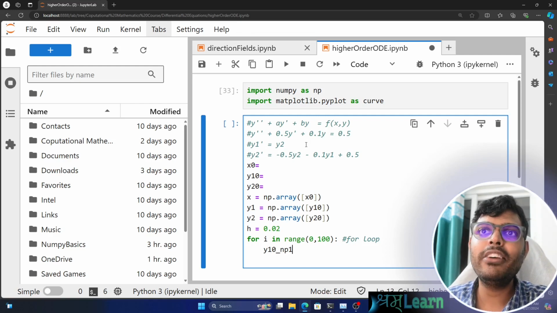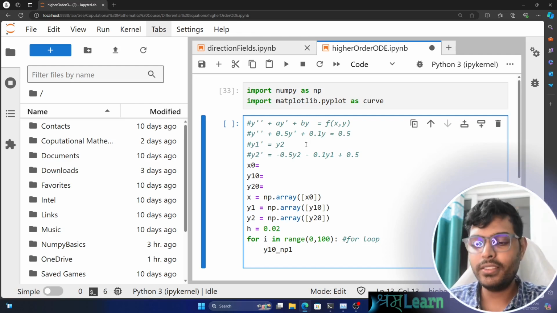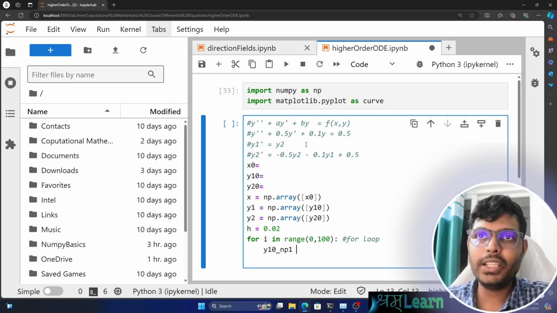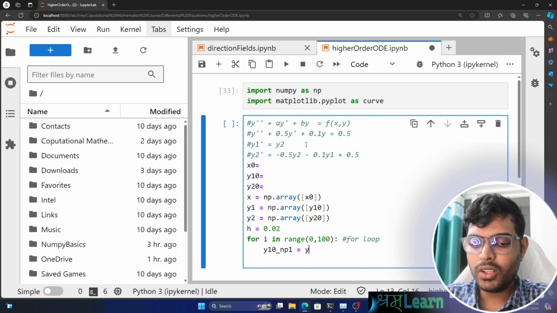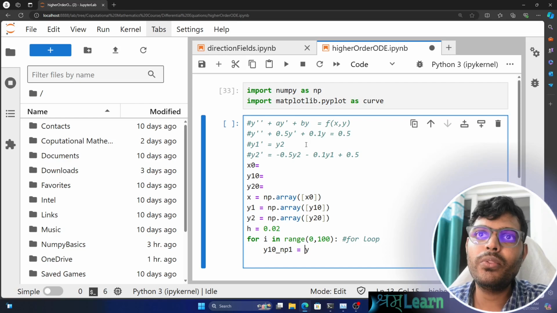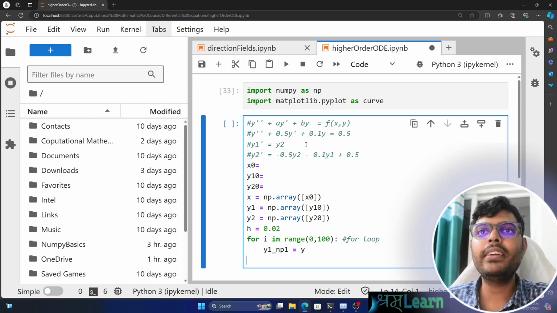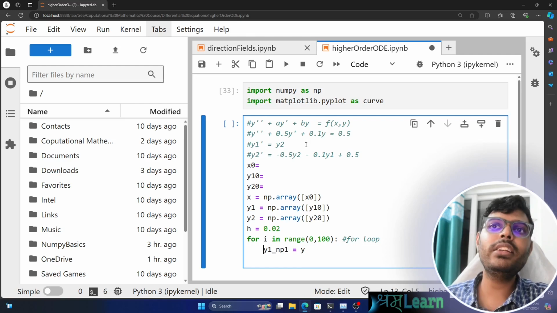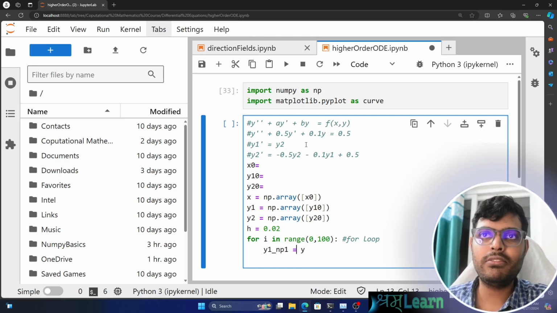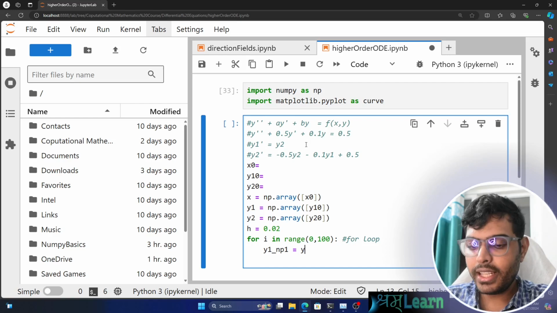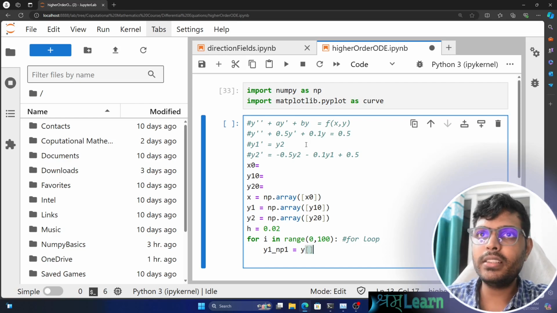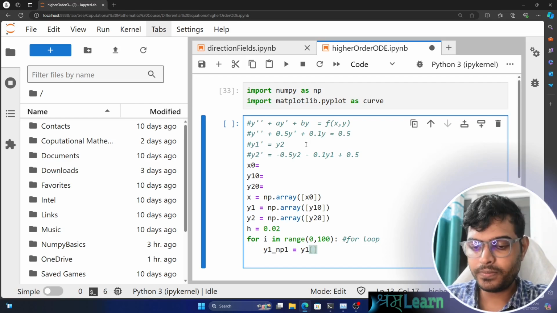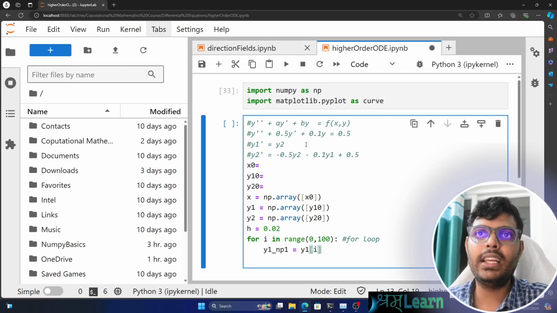Basically this is y10 computed at n plus 1. It depends on y. Okay, y I have written 10, it is better written as y1. Okay, y1 np plus 1, y1 at np plus 1. What is the value? It is nothing but the value of y1 at I.